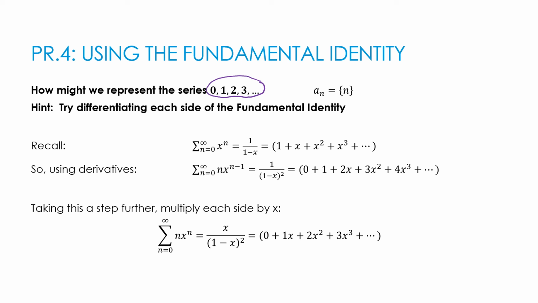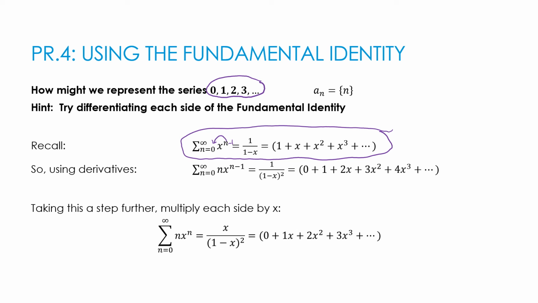So remember, the fundamental identity essentially says this, that if I'm taking the summation from n goes from 0 to infinity of x to the n power, then it's equal to 1 over 1 minus x, which gives us the function 1 plus x plus x squared plus x cubed, etc. Now, if I take the derivative of everything, well, the derivative of this would be n times x to the n minus 1.